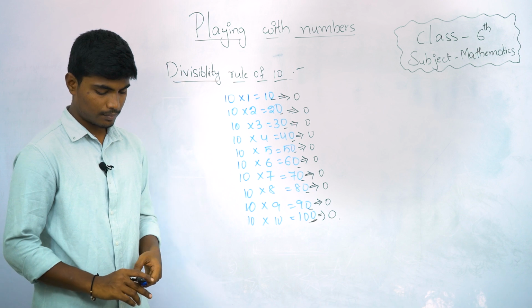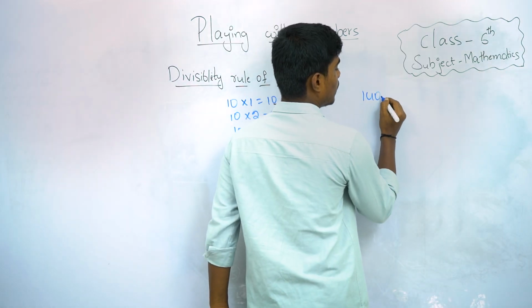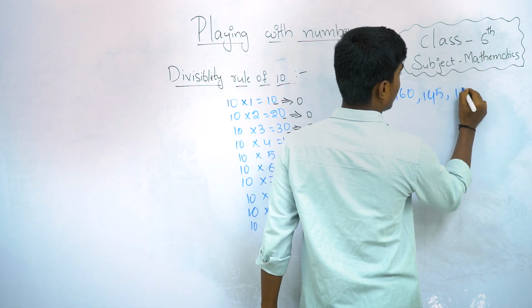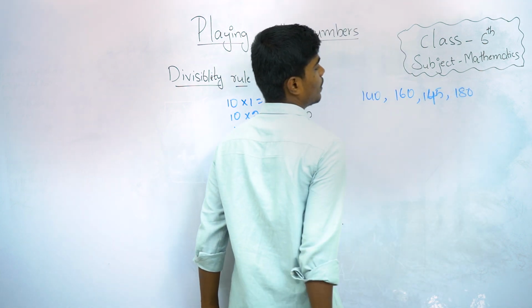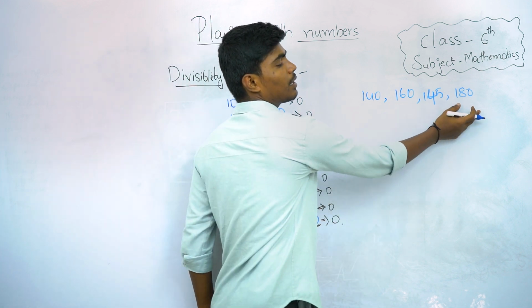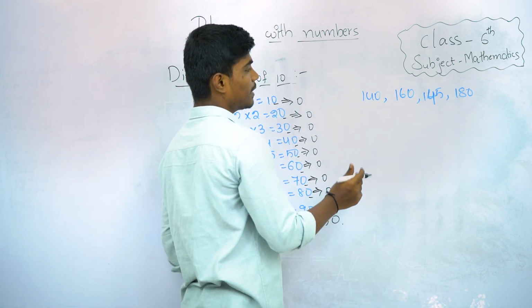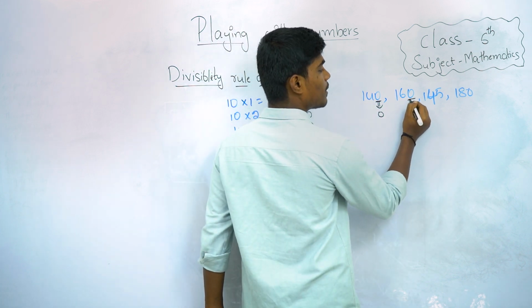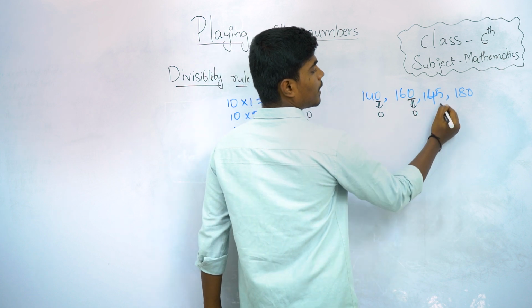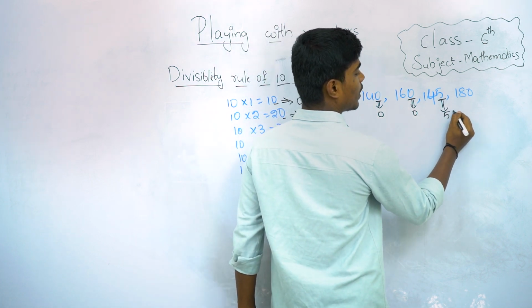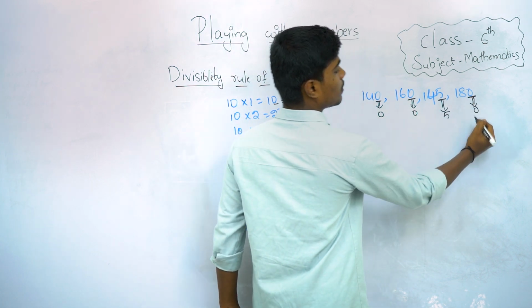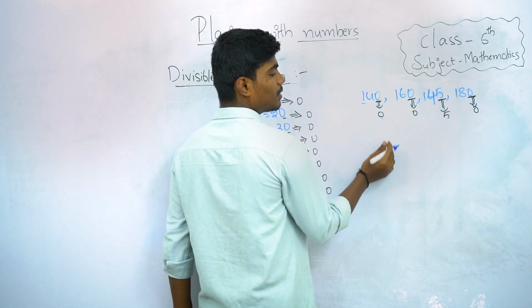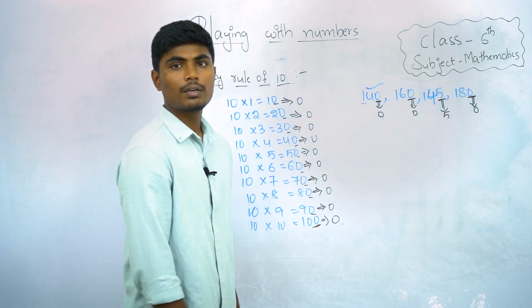Let's take 140, 160, 145 and 180. These are some numbers. If we check the ones place, in 140 the ones place is 0, so this number is divisible by 10.